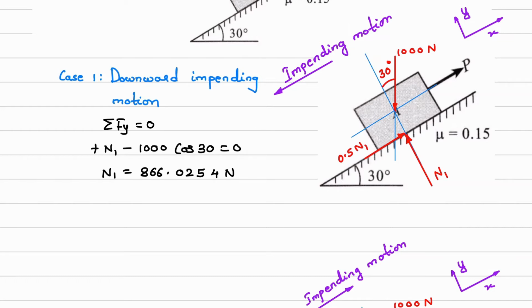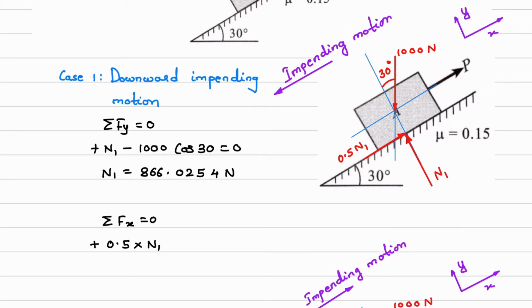Next we will consider summation Fx equal to 0. All the forces in this direction we have to consider positive. So friction force is towards right. So plus 0.15 into N1 plus P, and the weight x component is towards left. So minus 1000 sine 30 equal to 0.